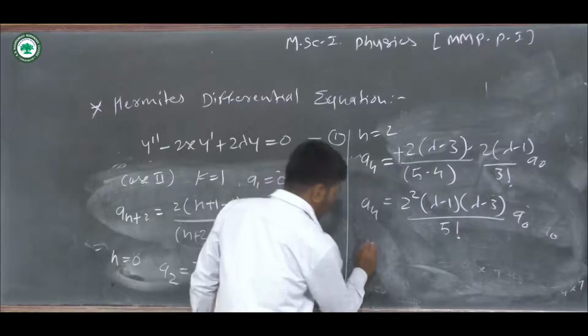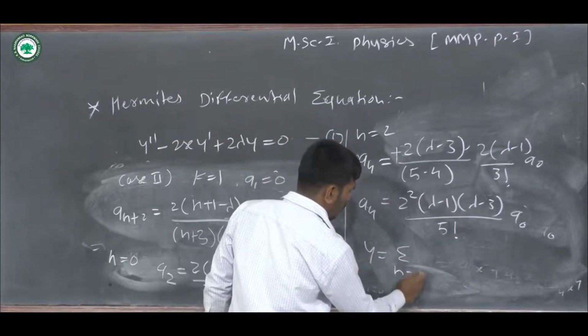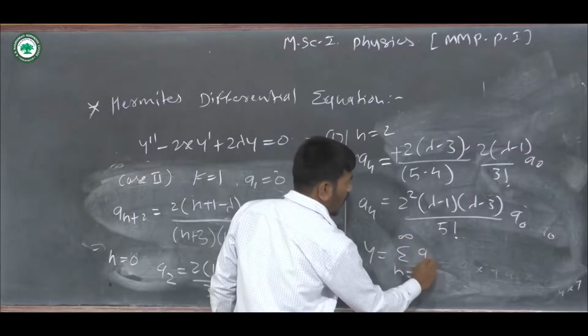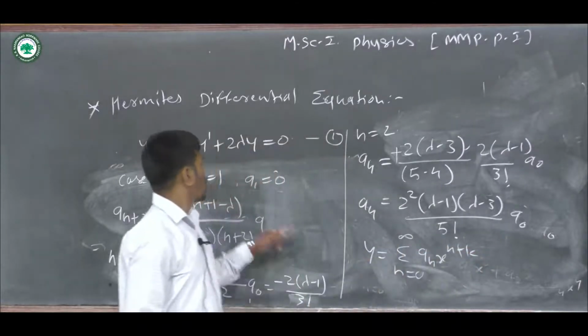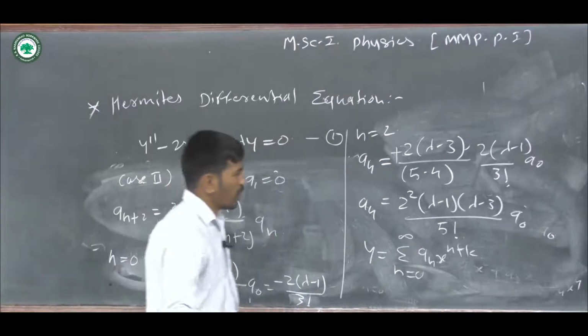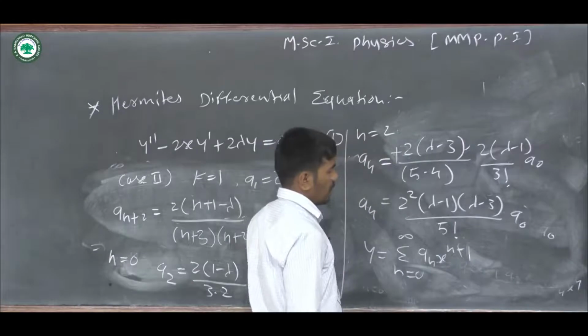So the series we assumed is y is equal to summation n is equal to 0 to infinity a(n) x^(n+k). Okay, so k is equal to 1, so we replace k with 1.